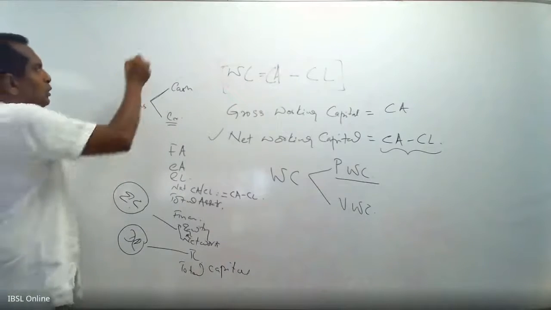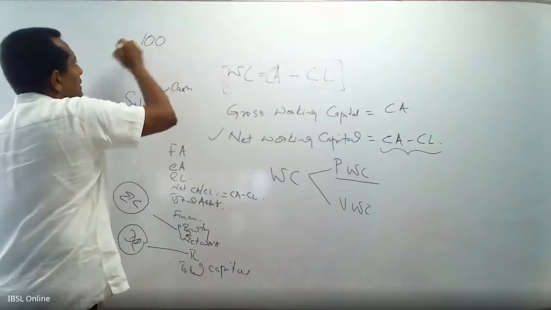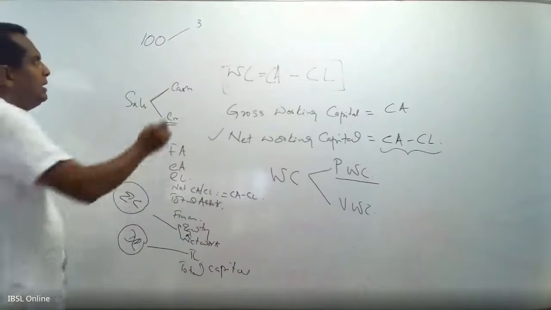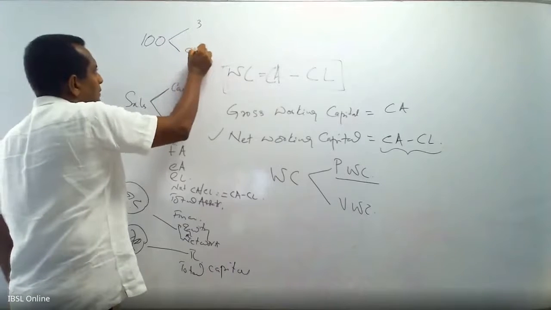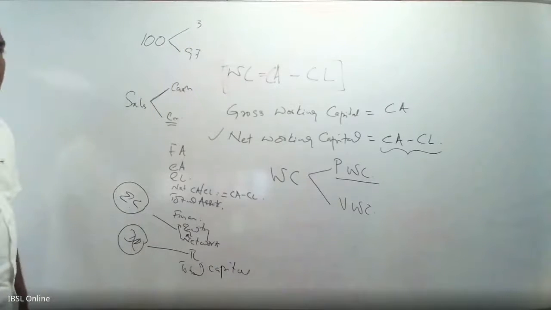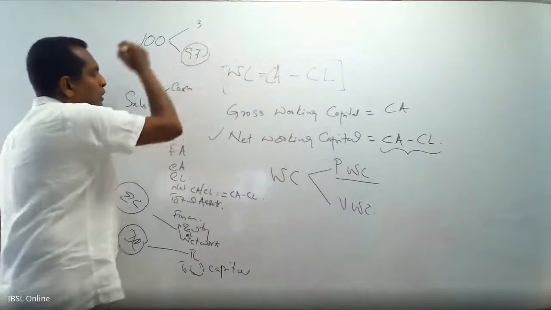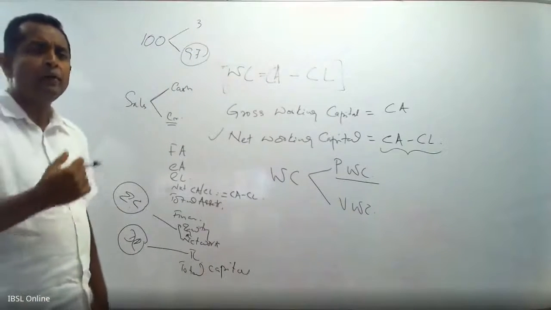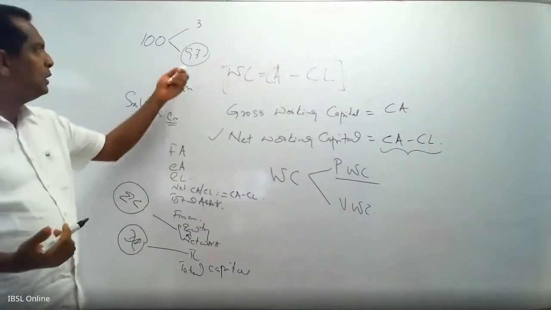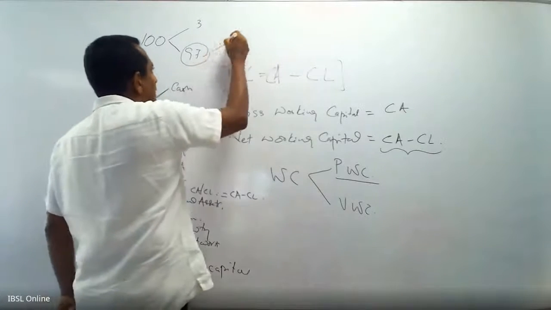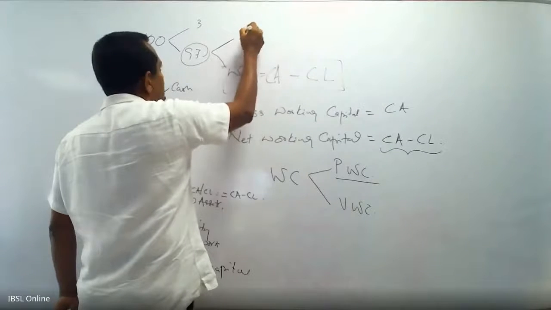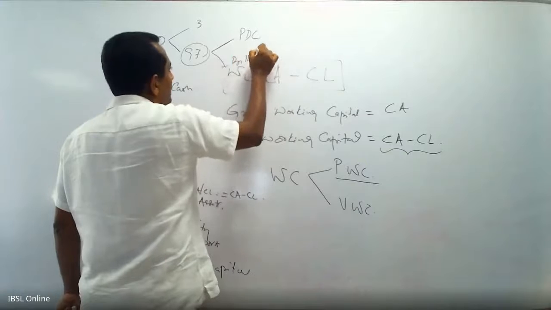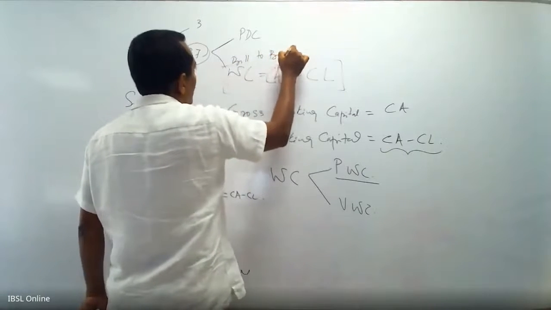So you sell 100 units, 3 units will be cash and 97 units will be credit. So this money you will not get. You will have to wait for another turn to get this money. You may get a post-dated check, or you may get a bill to bill order.